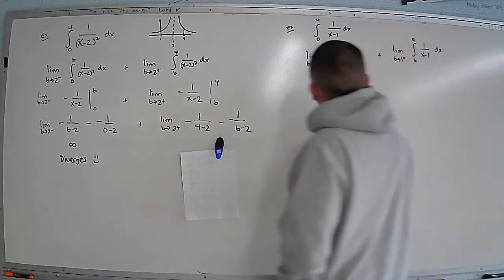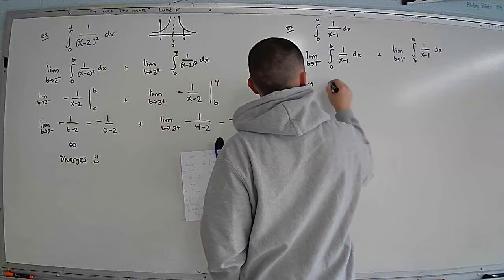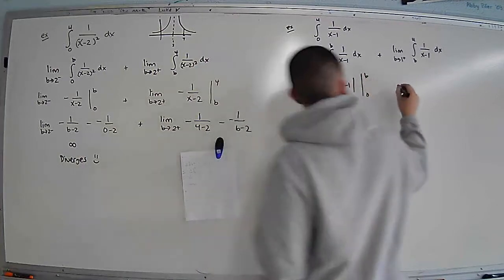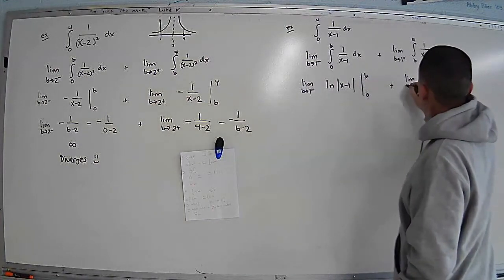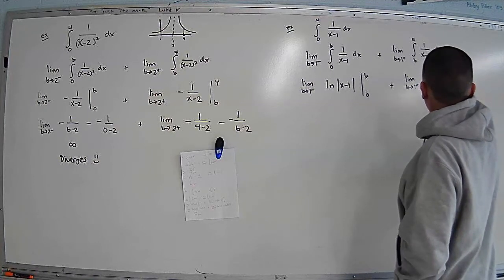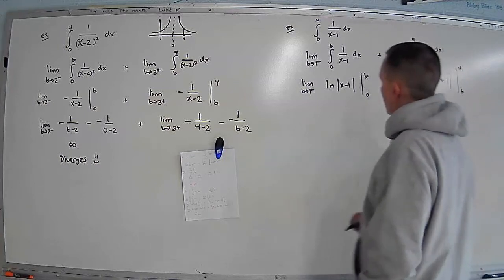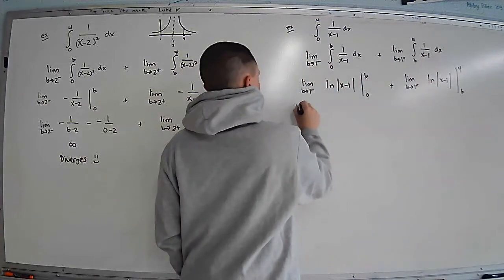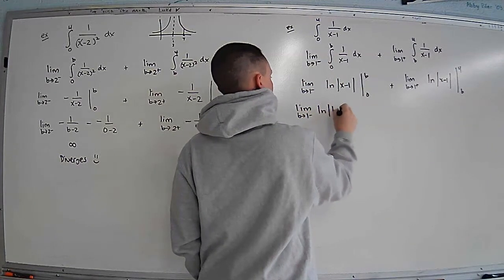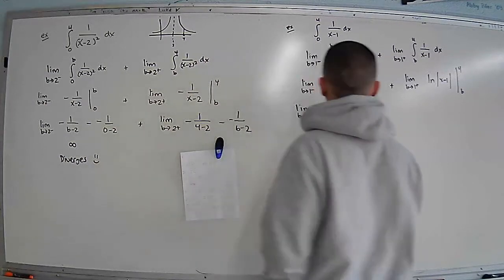Okay? And now we'll go ahead and anti-differentiate, just like we did before. Now it's going to be the same antiderivative, right? So now I've got the limit as b goes to 1 from the left of the natural log of absolute value of b minus 1 minus the natural log of negative 1 absolute value.